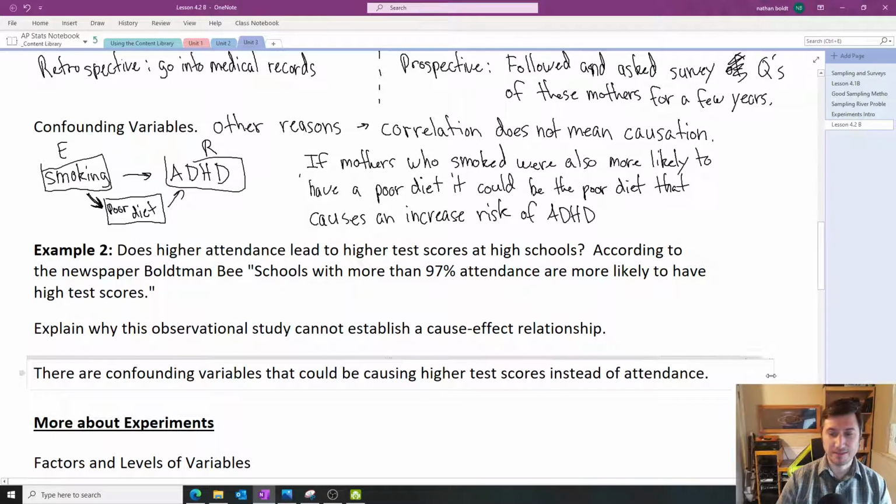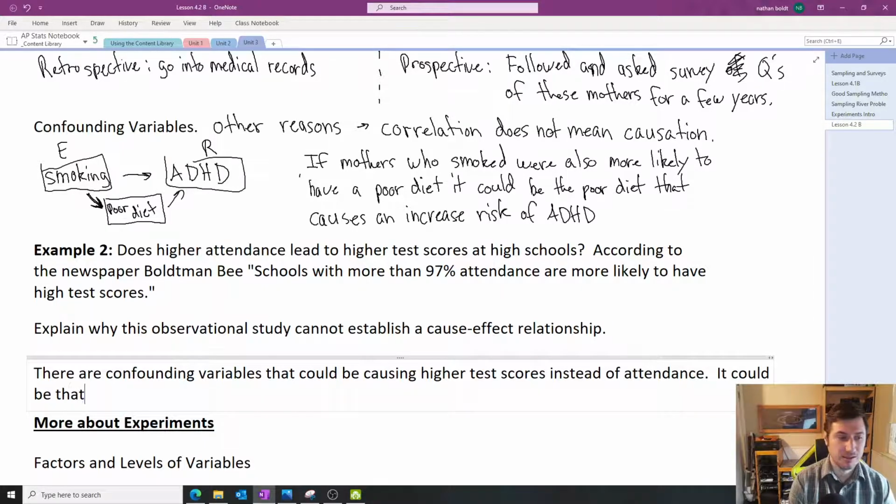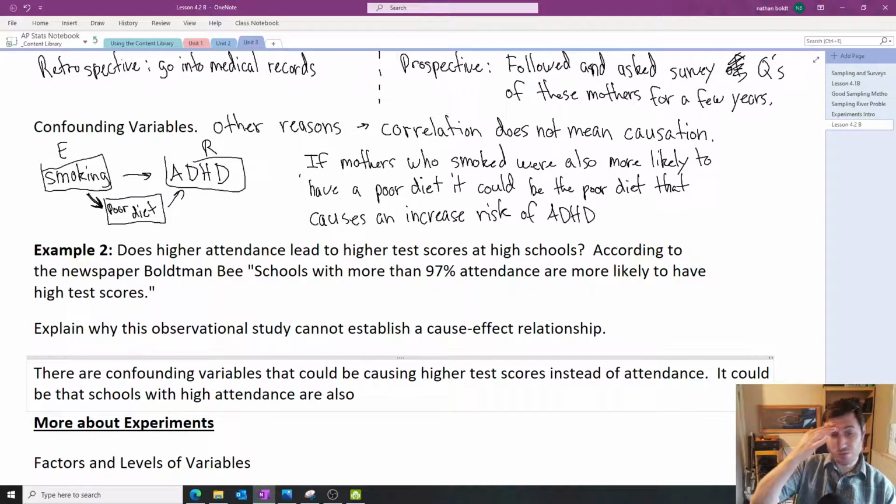I have to give an example of one possibility. That was just sort of an overall general statement. So it could be that schools with high attendance are also, and here you got to think, what other thing could be relating attendance with high test scores?